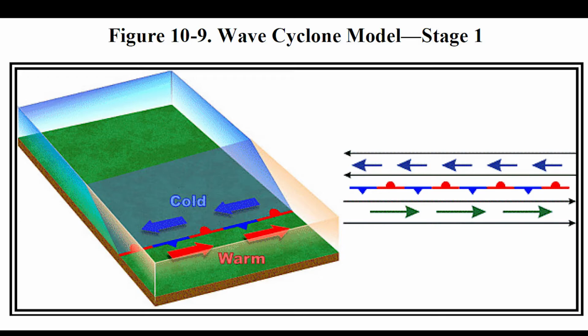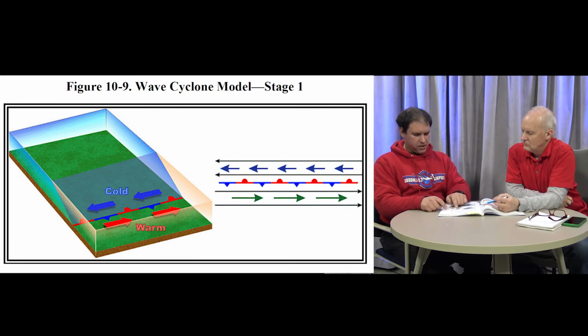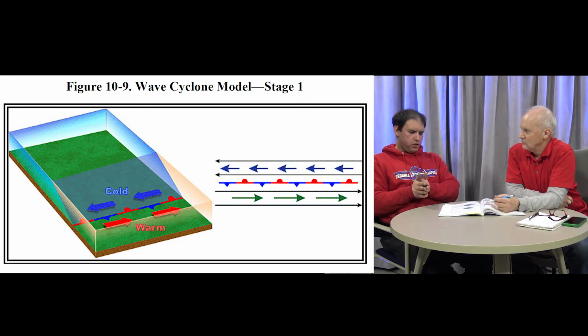The way the rotation of a low pressure system gets started is you'll have a cold air mass and a warm air mass, and wind flowing one way on one side and the other way on the other side. Anytime you have two masses of air flowing in opposite directions, you get what's called a shear, where essentially the air has friction with other air. And as it has friction, it'll get slowed down at that boundary.